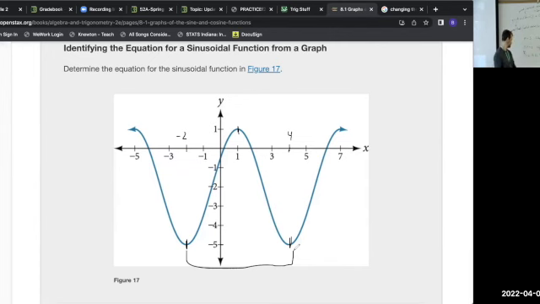B equals 2 pi over T. All right, what do you find out about B? B equals pi thirds. Okay.